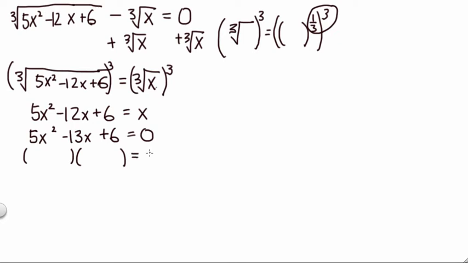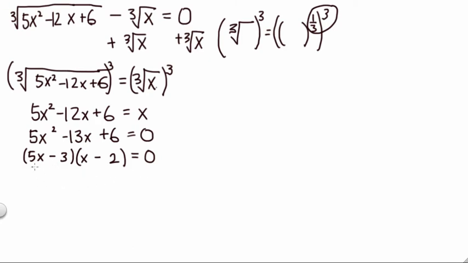Since 5 is a prime number, one of them is going to have to be 5x, and the other is going to be x. Then, let's see, 2 and 3 to make it negative 13, and both of them have to be negative. If you multiply, it's negative 10 minus 3, so you get negative 13.